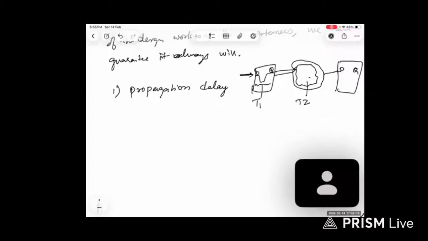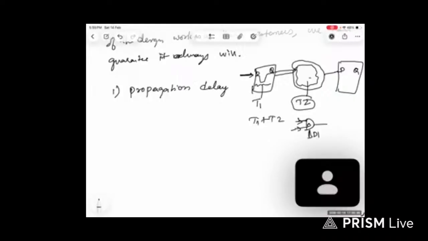For example, inside this combinational cell you will have AND gates, and if my data goes inside this AND gate there will be an amount of delay, say delta D1. Similarly, you will have delays for other gates, and all of those are considered propagation delay, which is T2. So my propagation delay for a normal flop to flop path will be T1 plus T2.